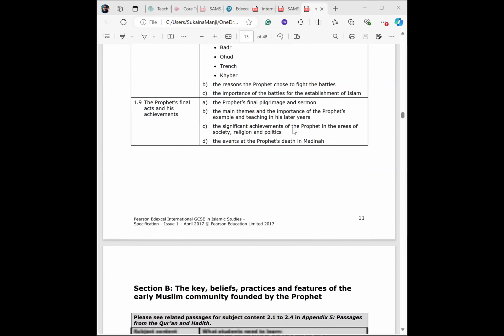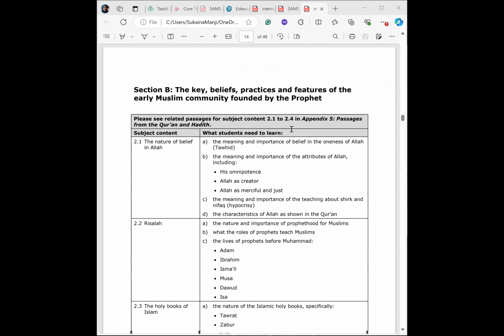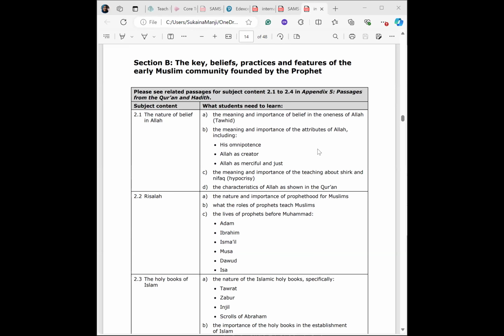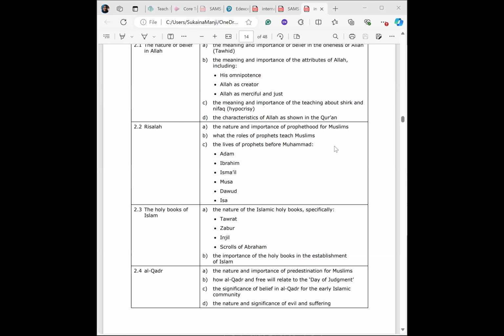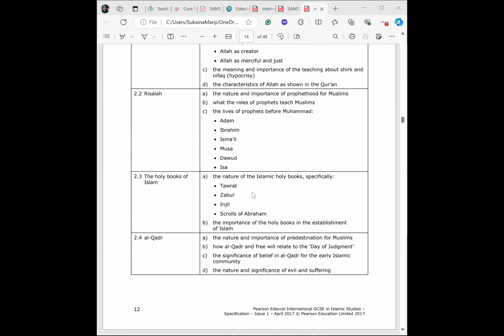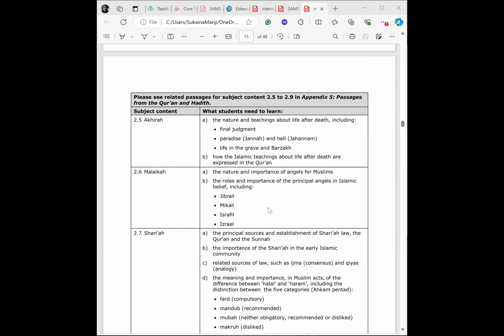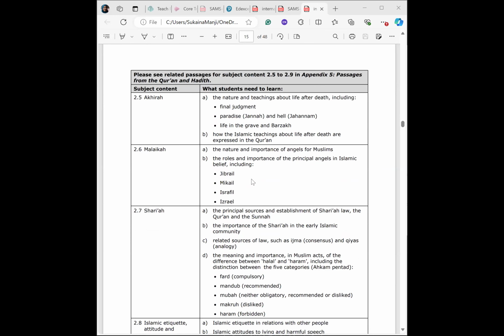And in terms of Allah's attributes, here you can see in 2.1 the omnipotence, and Allah is a creator, Allah is merciful and just. If you look at the names of the holy books, again, these are there in front of you. And then if we move on, you can see the angels that are named here, Jibrail, Mikael, Israfil, Israel.